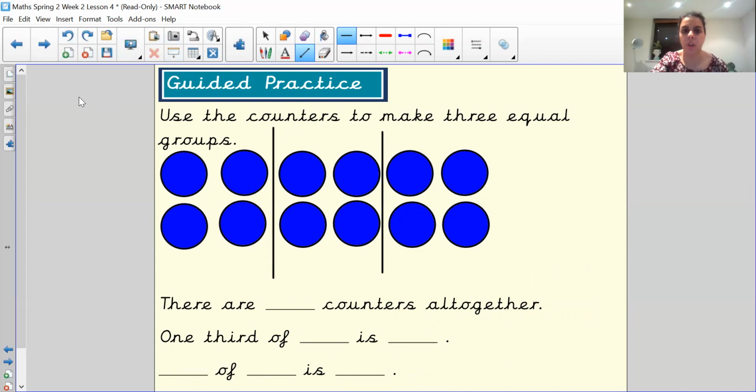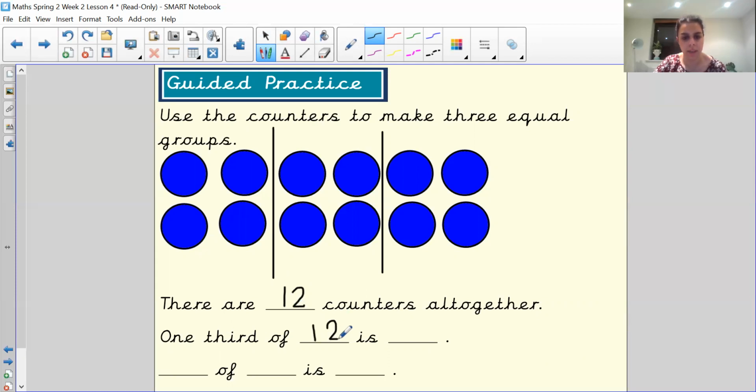So looking at my sentence at the bottom now, it says there are something counters altogether. There are 12. We counted those at the beginning. There are 12 counters altogether. 1/3 of 12 is, that means how many was in one group when I split it into 3 groups? 1/3 of 12 is 4.